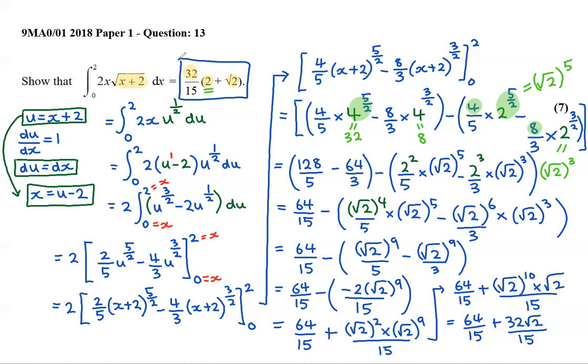Right. Now, you might be thinking, do I really have to do all that working out? No, but you do have to put in a few steps to show that you understand what's going on. It's actually sufficient, once you've done the integration step here, where you've got the x substituted back in, you've got the limits on there, you're ready to substitute in the limits, you're perfectly entitled then just to show how to sub in the limits.